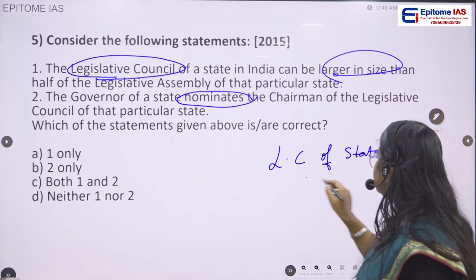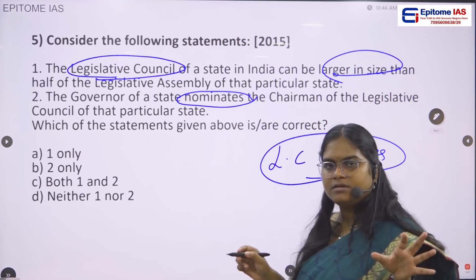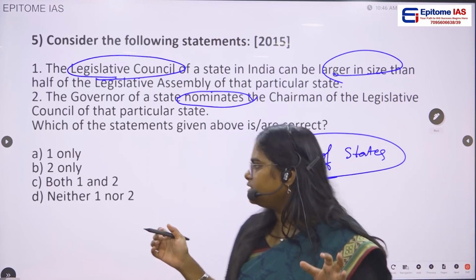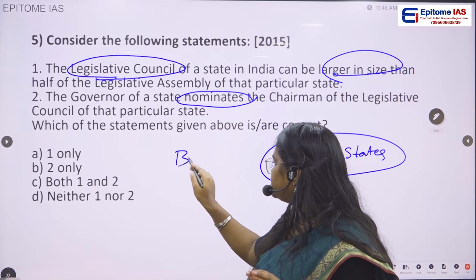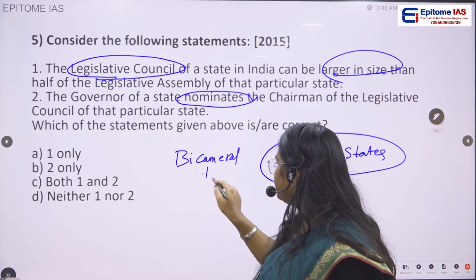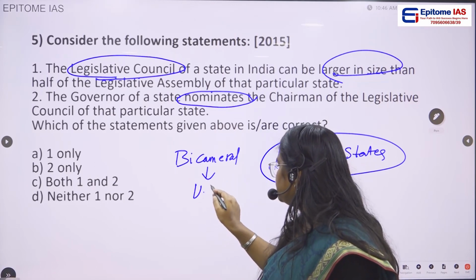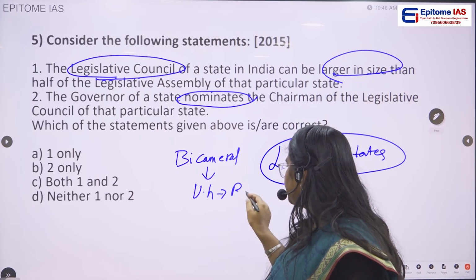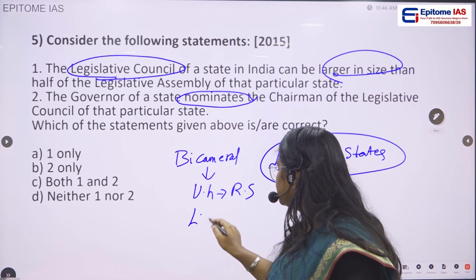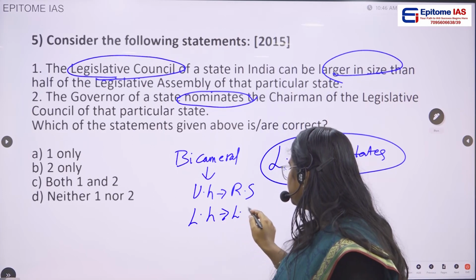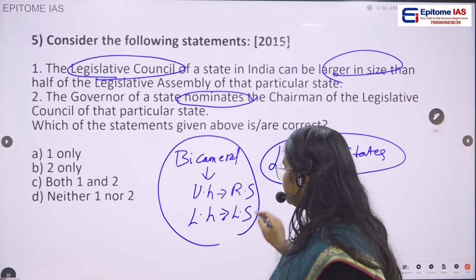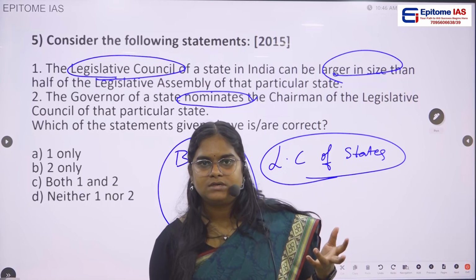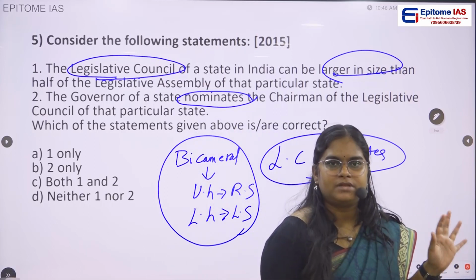Just like in the case of the parliament, the central legislature, we have a bicameral legislature, with the upper house, that is the Rajya Sabha, and the lower house, that is the Lok Sabha. Just like this, in some of the states, not all the states, we have a bicameral legislature.